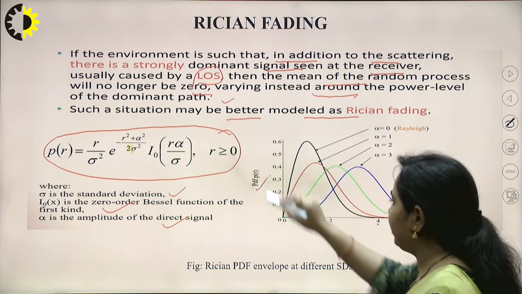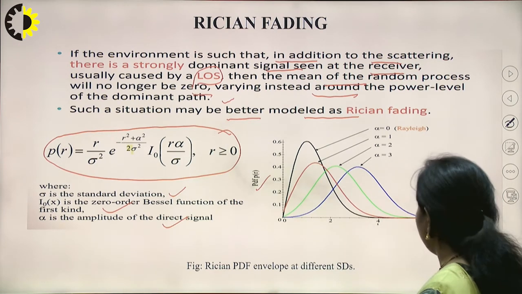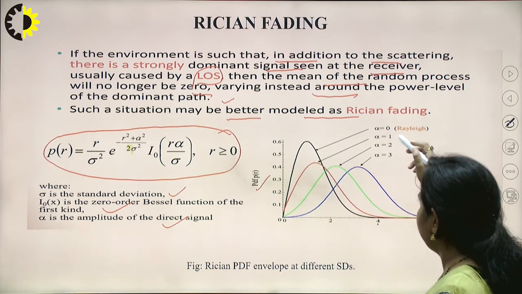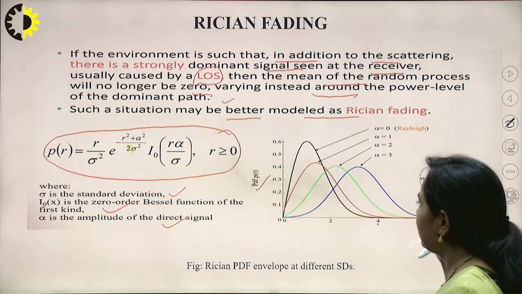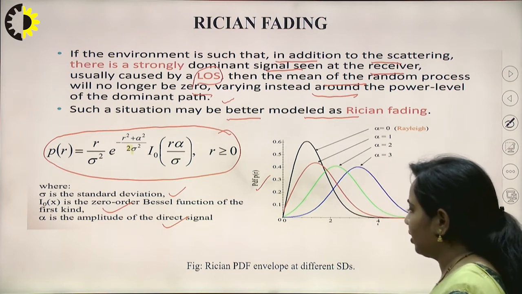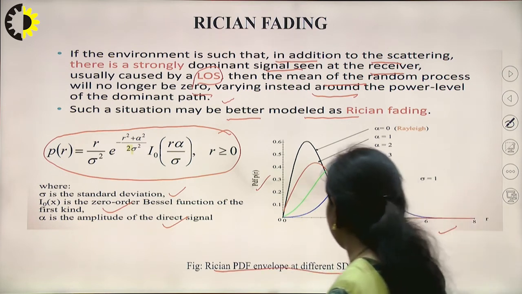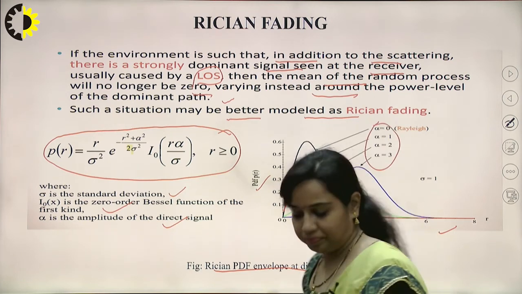This is the PDF p(r) denoted over here, which extends from 0 to r, and this axis is 0 to 0.6. This is how it is shown over here, for alpha equals 0, 1, 2, 3. So for the different values of alpha, this is how the distribution looks. Then this is the Rician PDF envelope at different standard deviation values, as you can see over here.